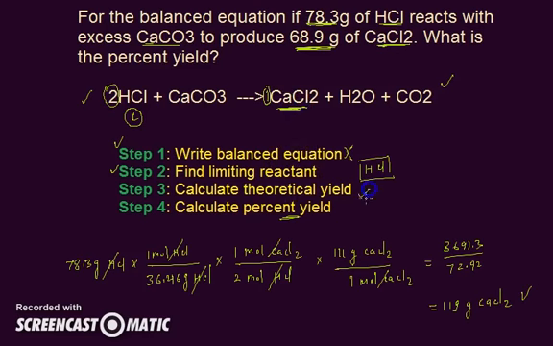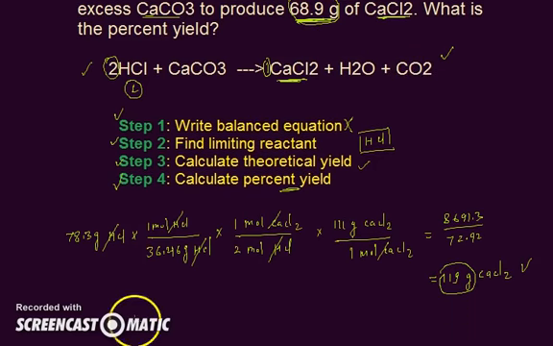Now we are done with the third step, and we move on to the fourth step, that is to calculate the percent yield. When we calculate the percent yield, we always divide the actual yield given in the problem by the theoretical yield, which is calculated here by using the balanced chemical equation, and multiply by 100.